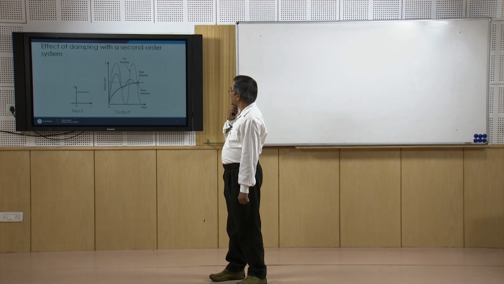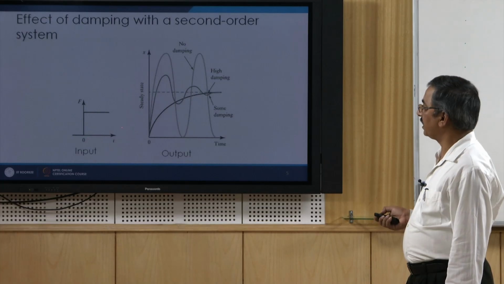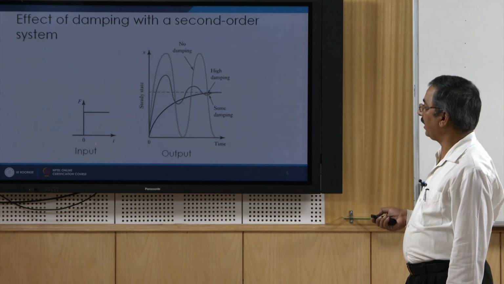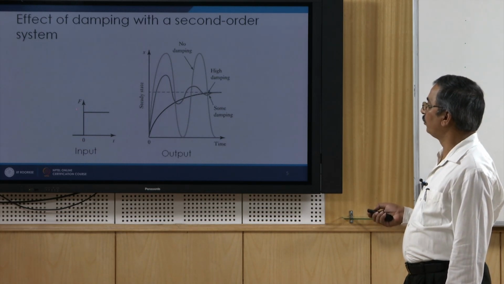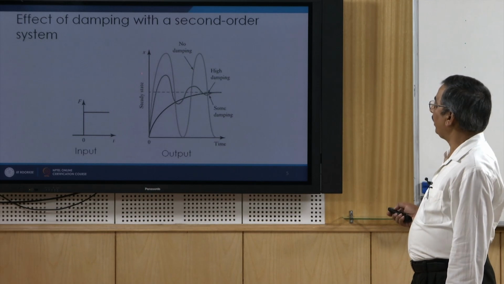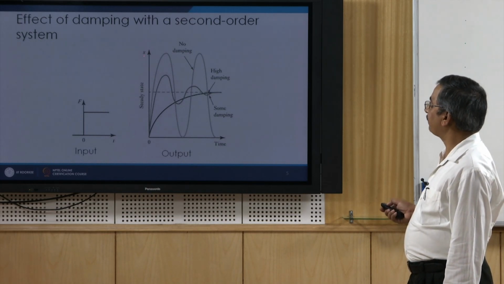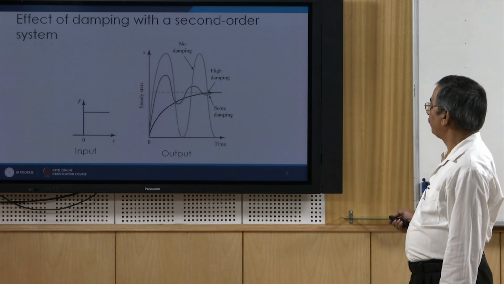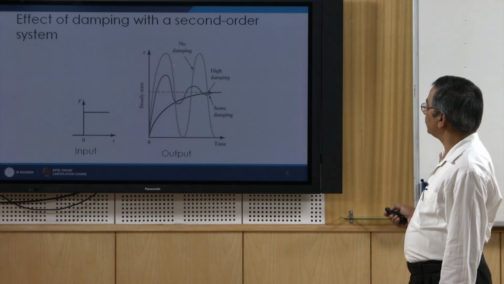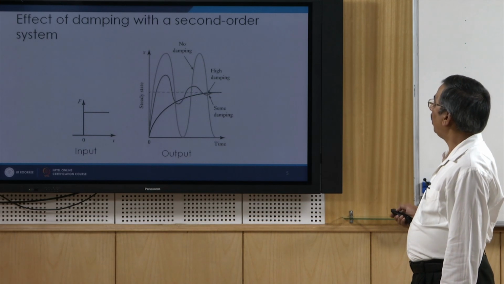So, here is the plot for this second order system when it is subjected to a step input, the force F. If I plot the output, that is x versus time, then if there is no damping, you can see there are going to be oscillations.